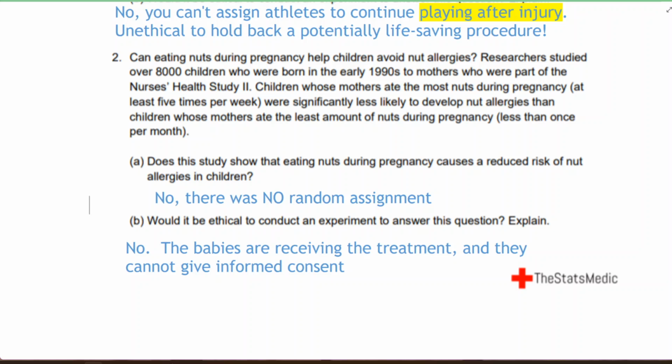We've assigned a whole group of mothers, if it's a cause and effect relationship, we can say that then, they're giving their children nut allergies. That's very unethical. So no, the babies are receiving the treatment and they cannot give informed assent. That's a different thing than I was talking about. So yeah, there was no informed consent either.